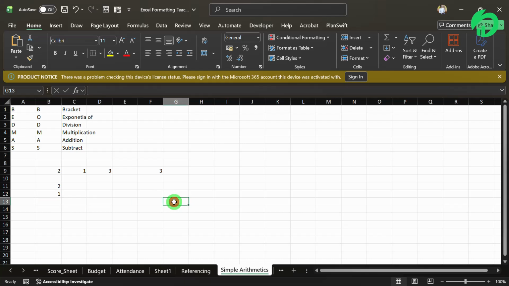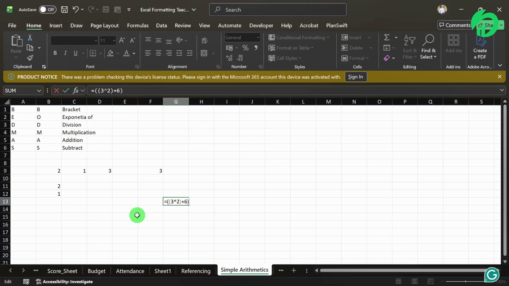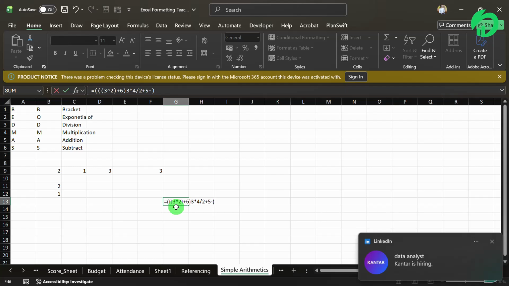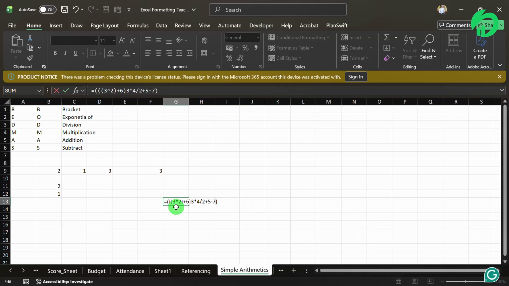To make it a little bit more complex, let's say we want to do a calculation of, in brackets, 3 raised to power 2 plus 6, then close this bracket here, then say 2 times 3 times 4 divided by 2 plus 5 minus 7, and let's click on enter.